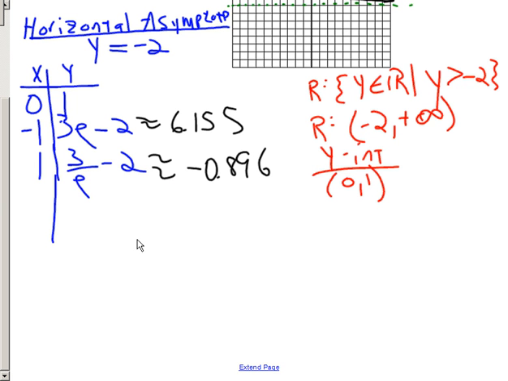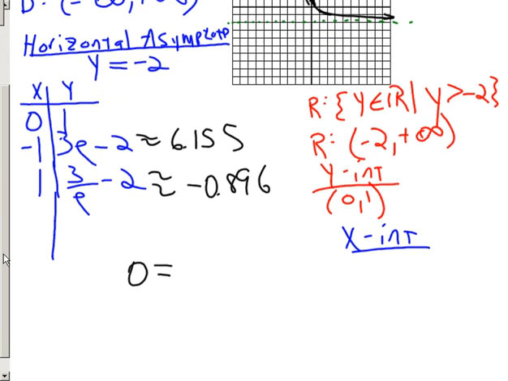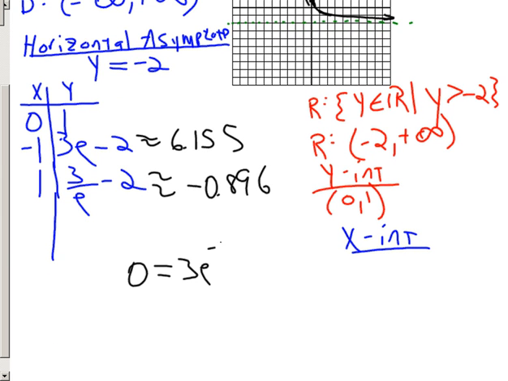The x-intercept then is the last thing that we need to do. Find the x-intercept. We're going to set the function equal to 0. So we're going to set this entire function, here it is, 0 equal to the function we have listed up here, 3e to the negative x minus 2. This time I would add the 2 to this side. Divide by 3.